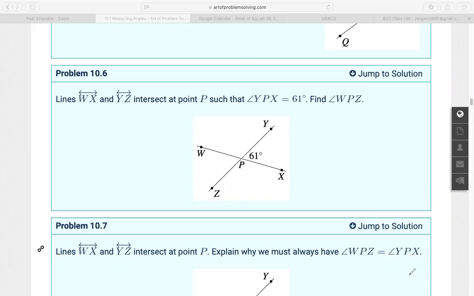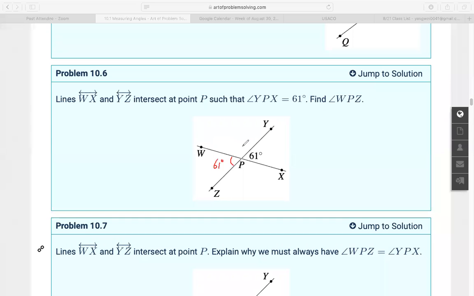Sophie got it correct. Julia also got it correct. Because these two angles are vertical angles, they are the same. So this angle definitely also equals 61 degrees.